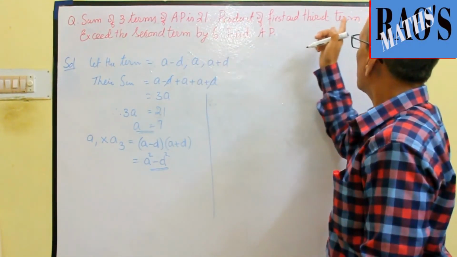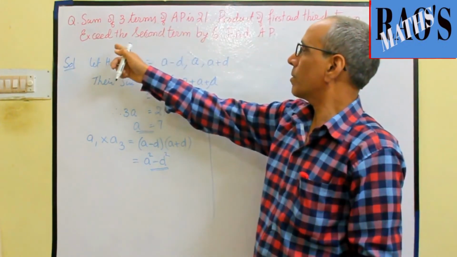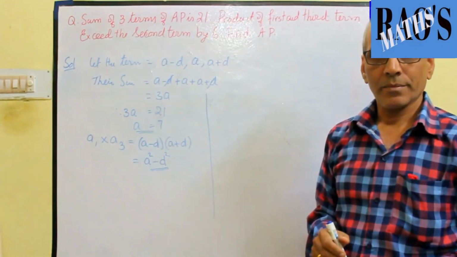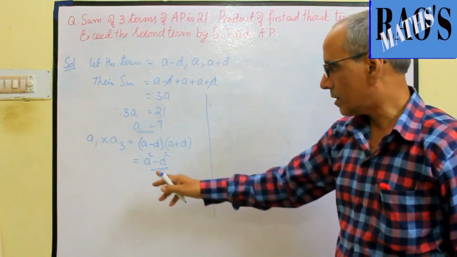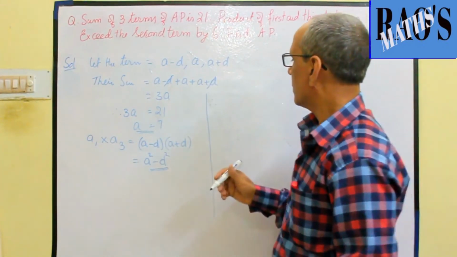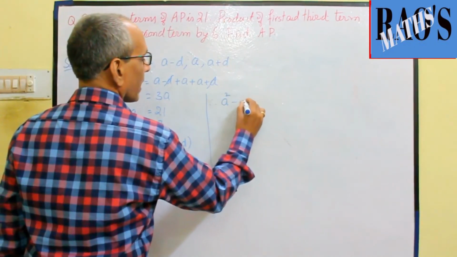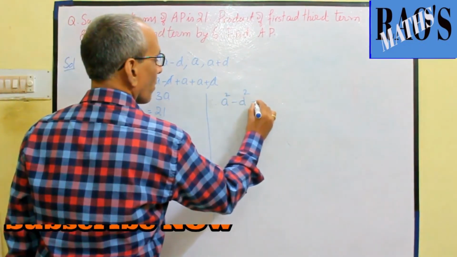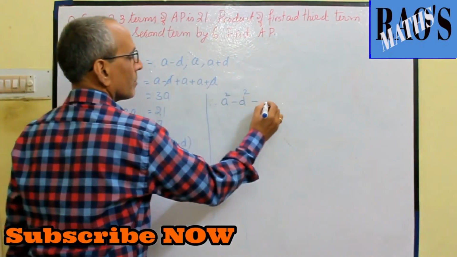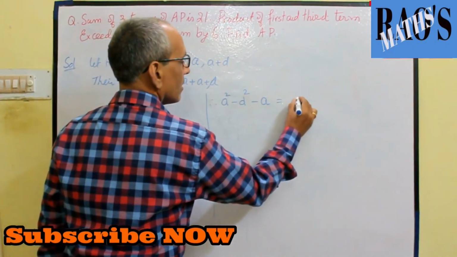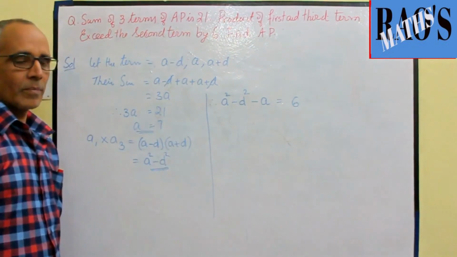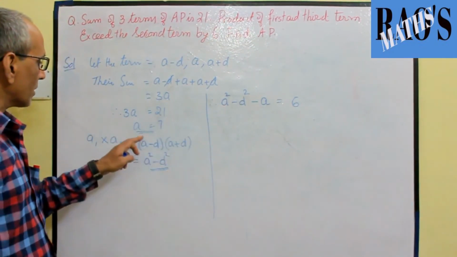The product is more than the second term. Product is more means this is to be written first. So a squared minus d squared minus the second term is 6.